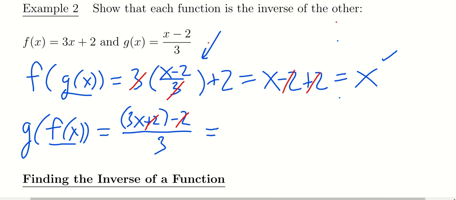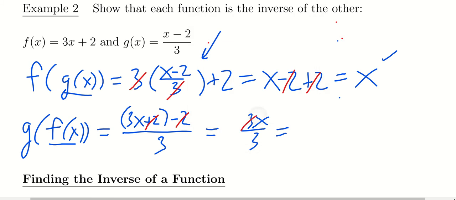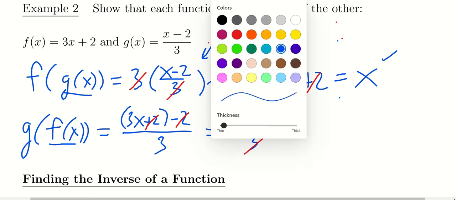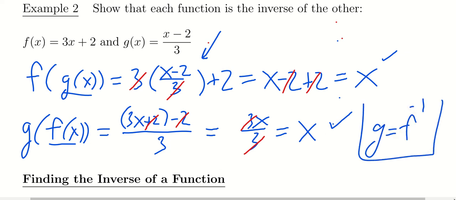So we get 3x over 3. At this step, the multiplication by 3 and division by 3 cancel, and so once again we get x. So by showing those two compositions, we have verified that g is indeed the inverse function for f of x.